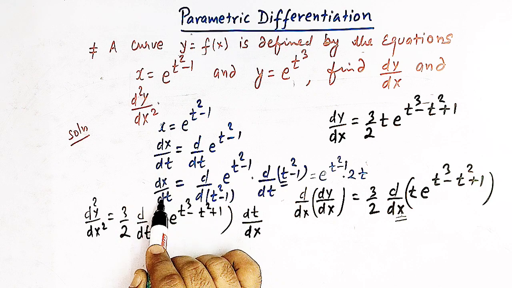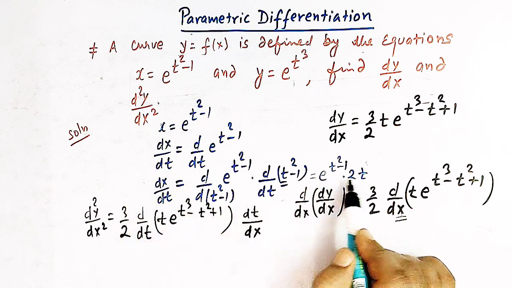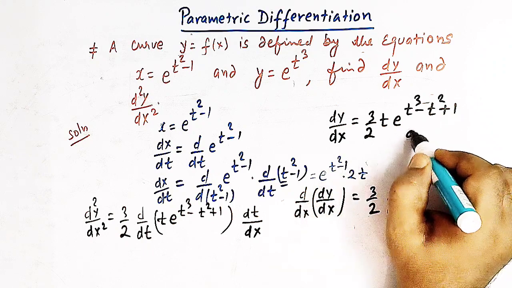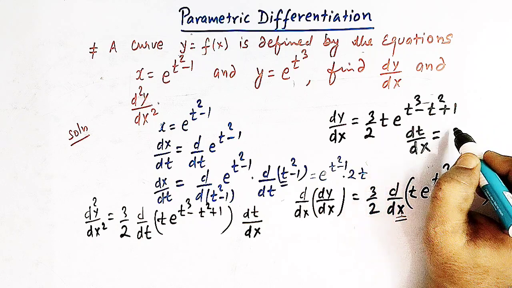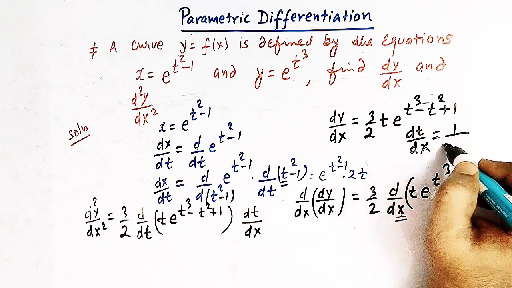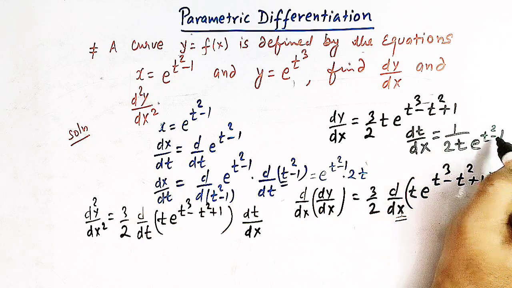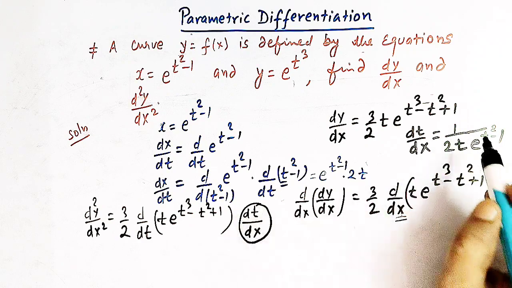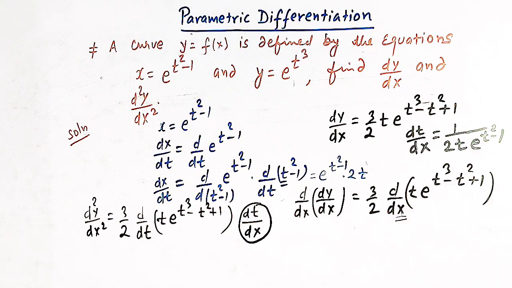And from this expression, dx over dt is equal to 2t times e raised to t square minus 1. So dt over dx is equal to 1 over 2t e raised to t square minus 1, right? So here I will substitute 1 over 2t times e raised to t square minus 1.